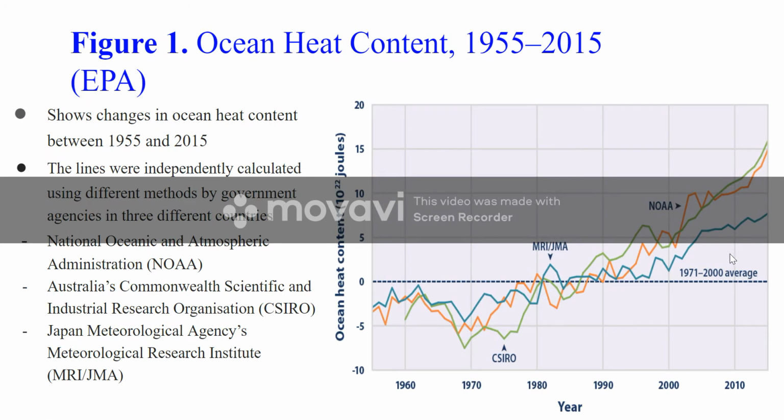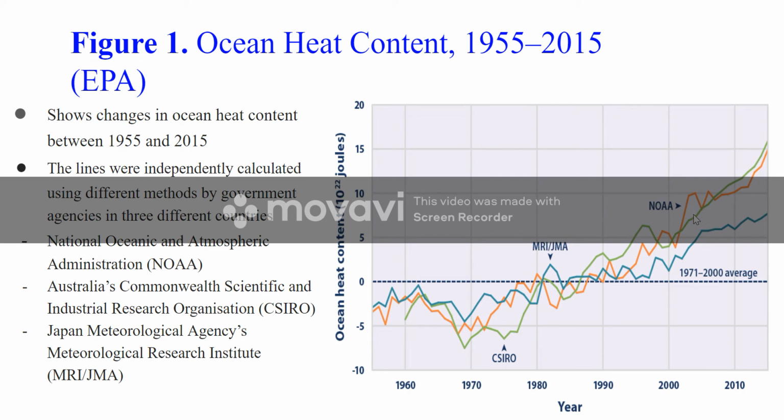So this is a graph I got off the EPA website, and it describes the ocean heat content from 1955 to 2015. The lines are independently calculated using different methods by government agencies in 3 different countries.